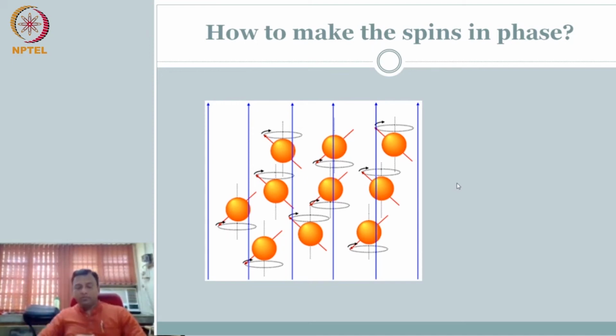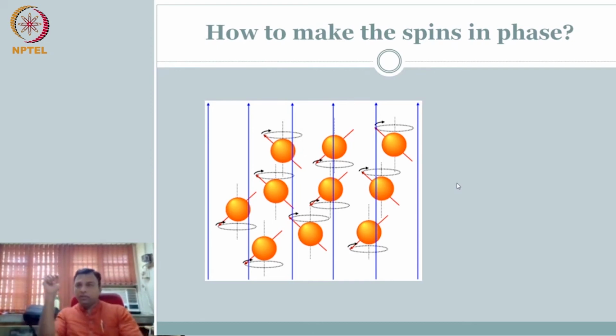We can make this happen if I can create another magnetic field that can have influence on this spinning at the same frequency, right? So relate this to your regular forces, the gravitational field.